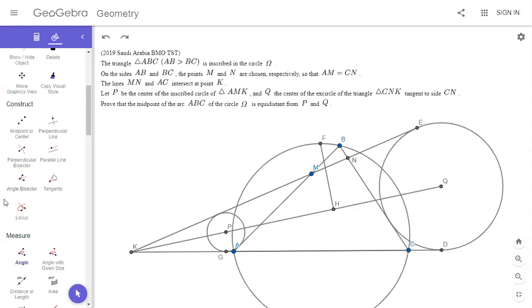Actually, you know what? So if I draw the, something's weird here.